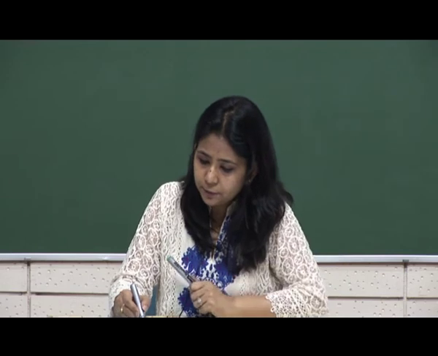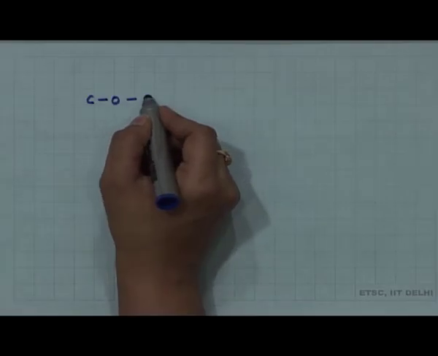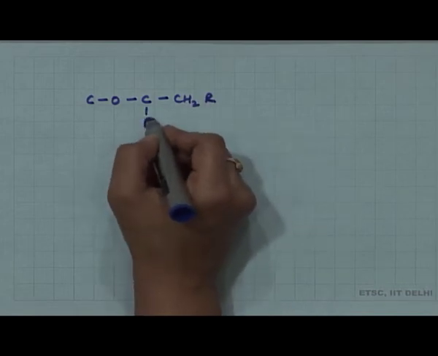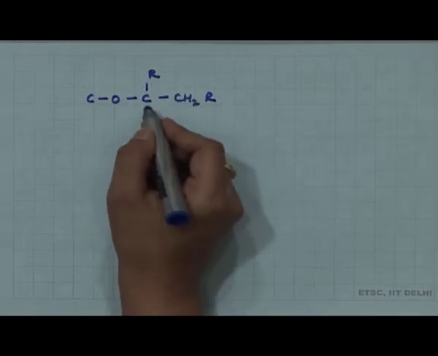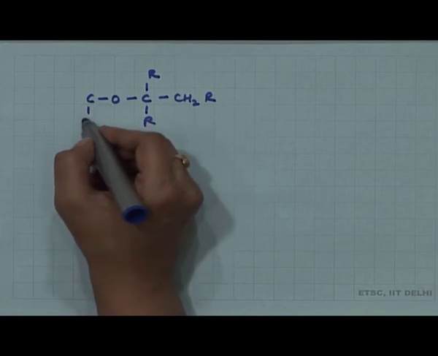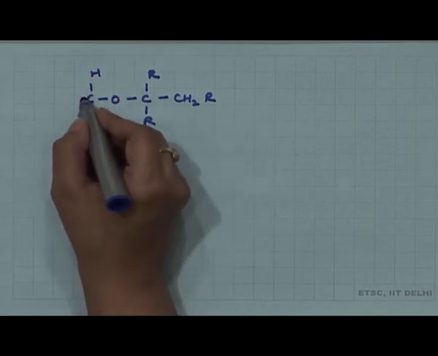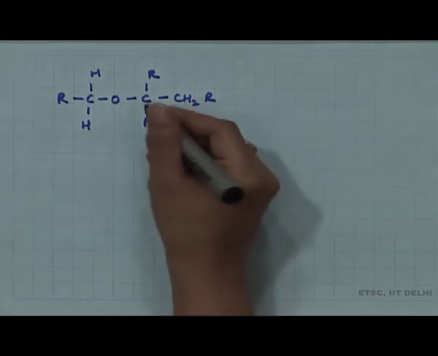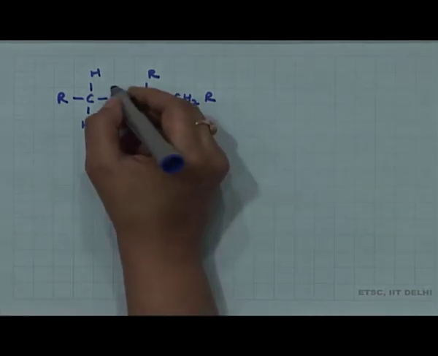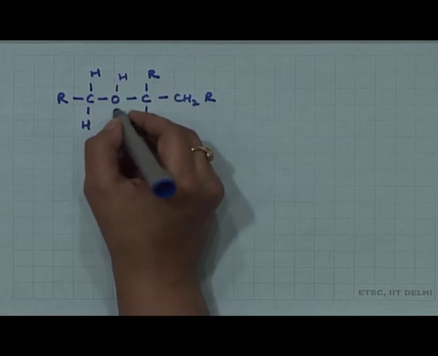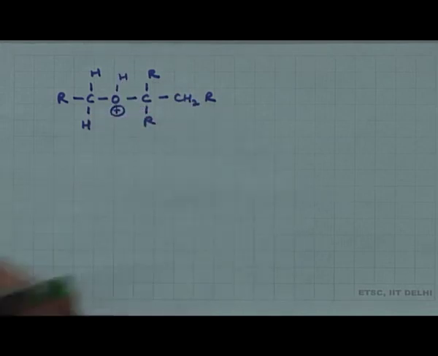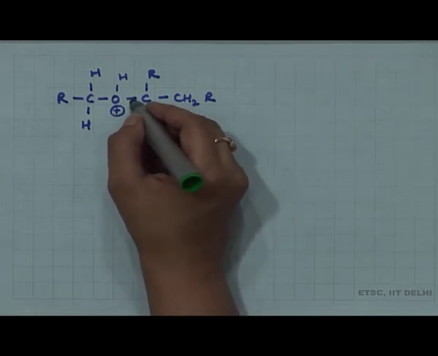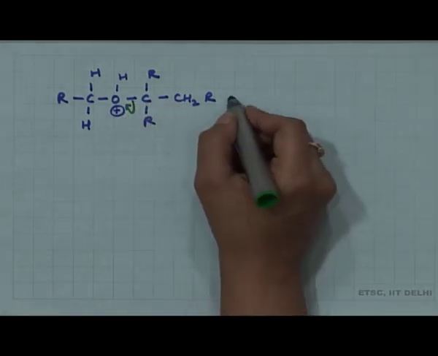So, it reverses what we just saw a minute ago when it was a 1 degree or 2 degree. If you have a 3 degree alkyl group at one place in the ether, the first step, the protonation, has happened already. Now it can stabilize to a stable 3 degree carbocation.